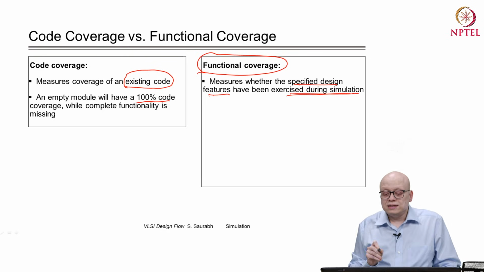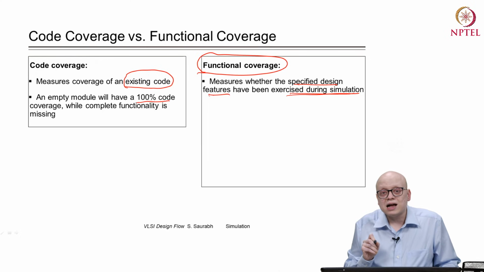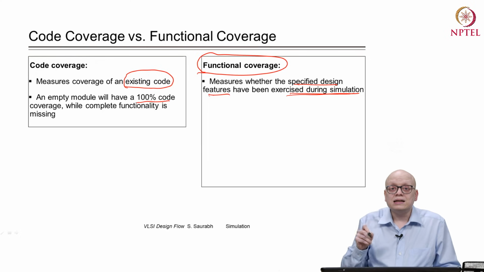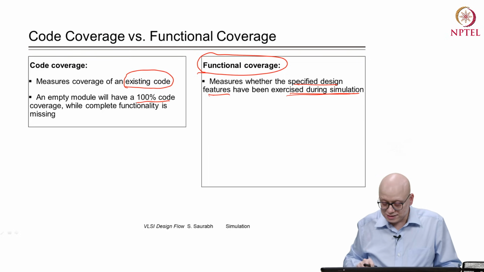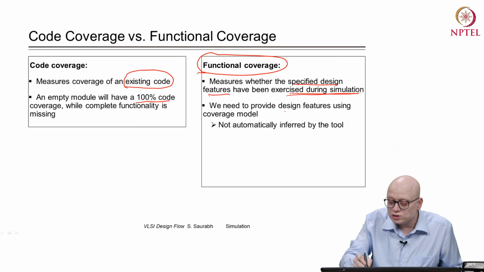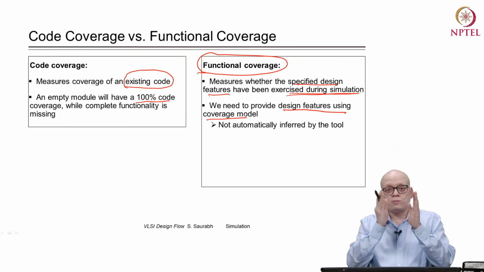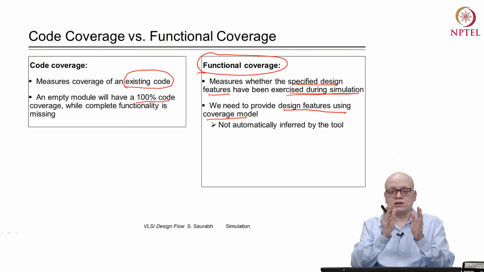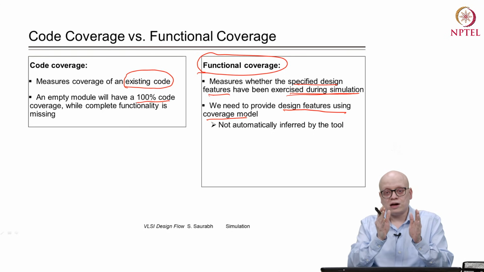The design features are not extracted directly from our RTL code, right. What is done is that we need to provide design features using a coverage model. Suppose this is the RTL code of our hardware.